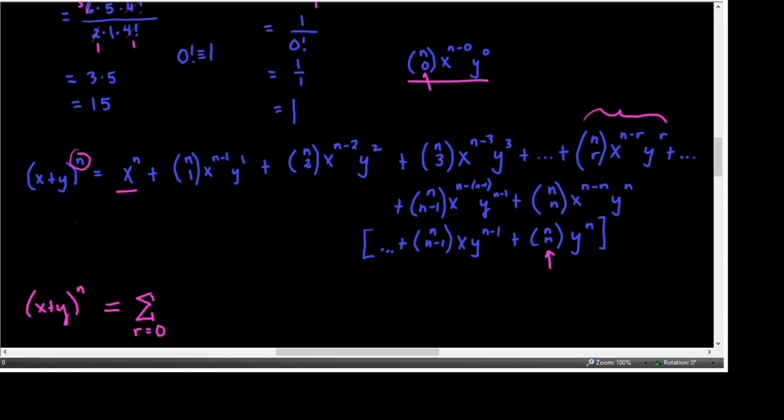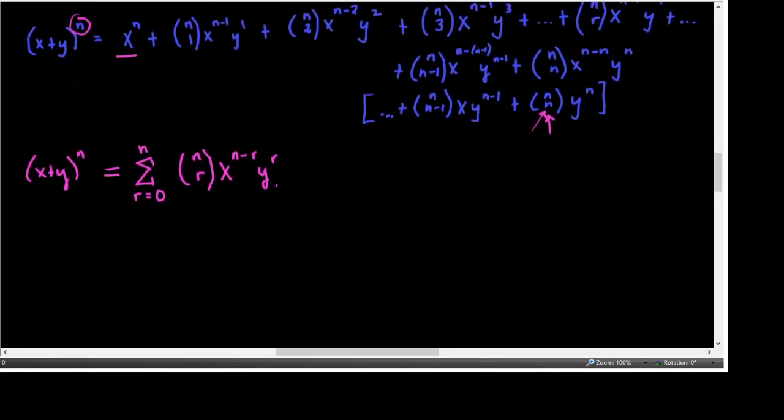The r started with 0, starting r equals 0 and ending when r is equal to n. And that's, again, this one, where the lower number is n. Of n choose r times x to the n minus r times y to the r. That right there is the binomial theorem. Okay, so you need to commit that to memory, something you have to be able to use and use correctly.